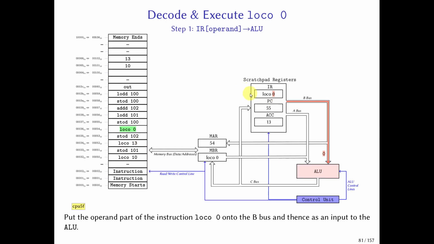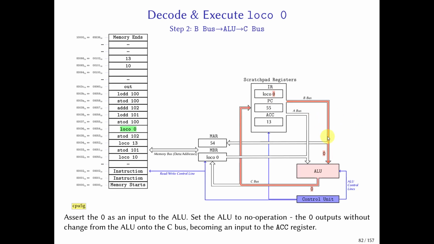So the control unit looks at the machine code instruction that's contained inside the instruction register, splits it into 2 parts, the operator and the operand, sees that the operator is loco, and then says, okay, I have to carry out the following implementation steps, operations, the first of which is to copy 0 through the ALU and then into the accumulator.